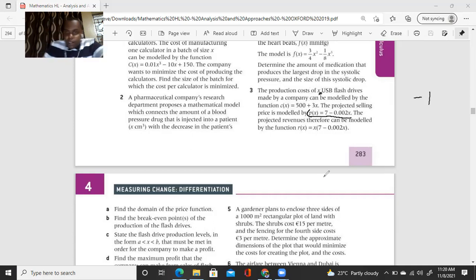Yeah. So I think we could say the domain is 0 to infinity, maybe. But then again, can you have 0.2 as the number of flash drives? No. But let's just say 0 to infinity, because the natural numbers 1, 2 will be in there somewhere.